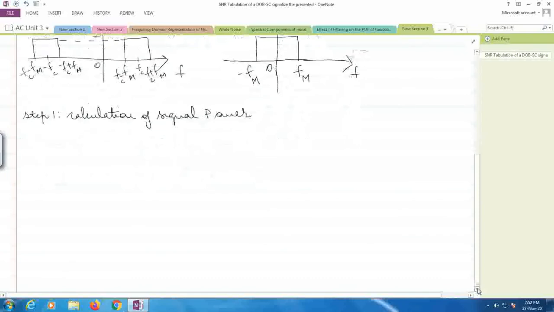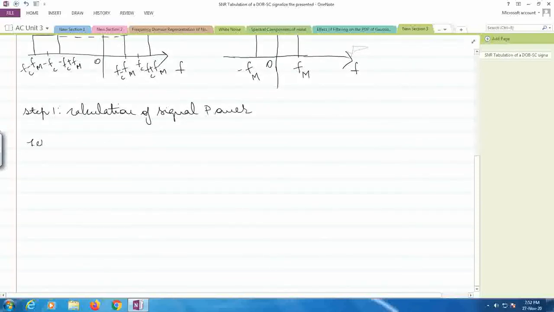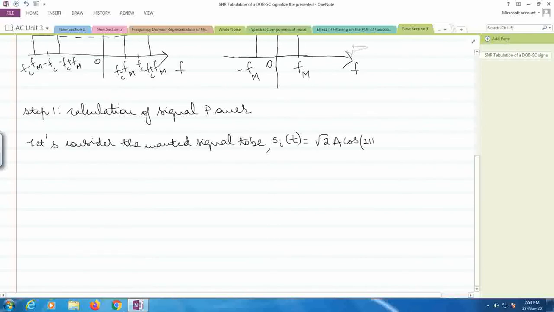Now calculation of signal power, so let's consider the wanted signal Si(t) such that it is equal to √2 A cos 2πfmt and cos 2πfct.